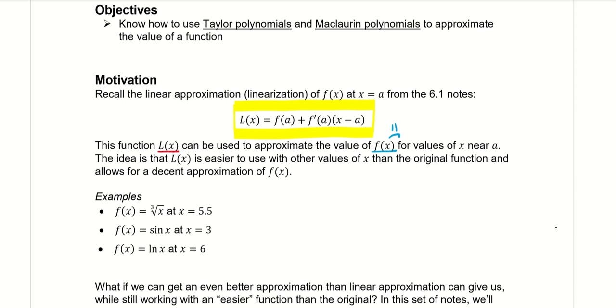But the linear approximation, this L of x, is usually easier to work with and allows for a pretty good approximation of the original function.